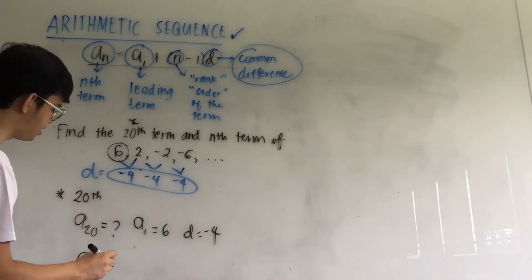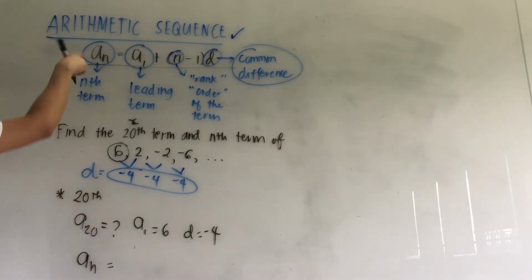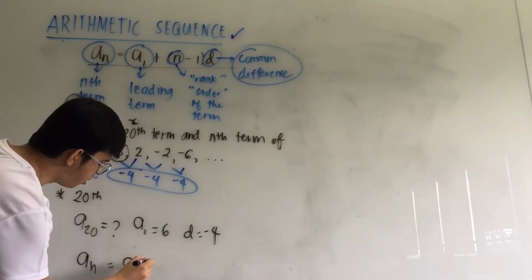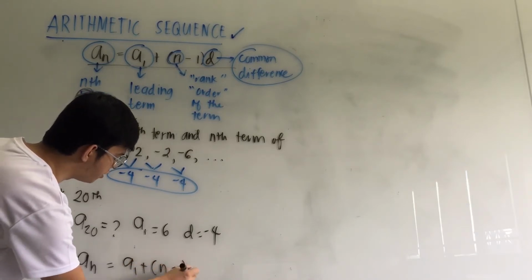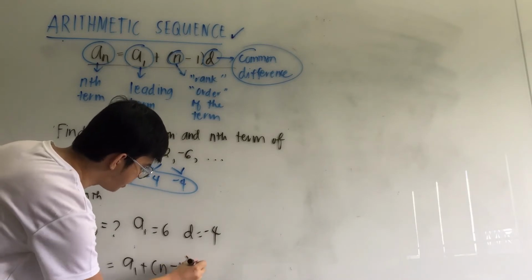It becomes a sub 20 equals what? Let's just copy first the formula. A sub n equals a sub 1 plus n minus 1 times d.